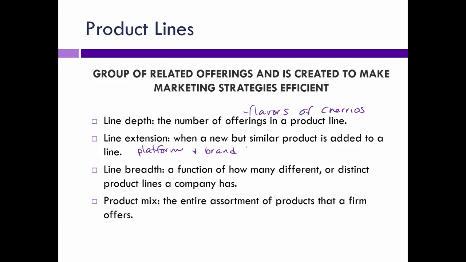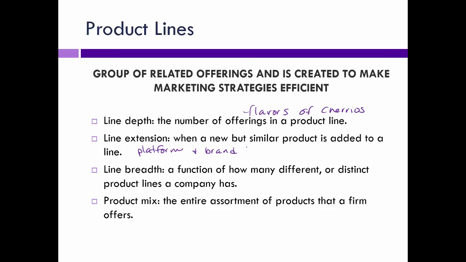So I think the example in here might be different types of cereal within the same thing, or different types of, like, the iPhone. You use the same platform, but you have the 3 and the 4, and then they came out with the C, which was a little bit cheaper version. It's the same platform, but a different thing, but it's still that same iPhone brand.